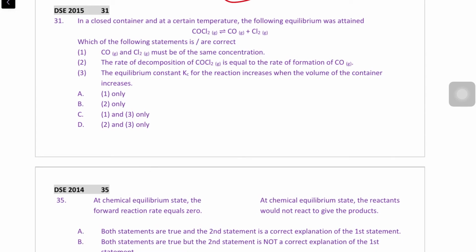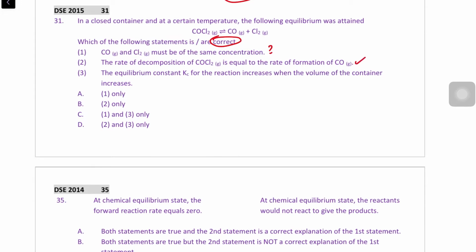Question 31. Again, which of them is correct? First, CO and Cl2 must be in the same concentration. Who said that? Because we have no idea what concentration of them at the starting. So how can we conclude that they both have the same concentration? 2, the rate of decomposition equals the rate of formation.